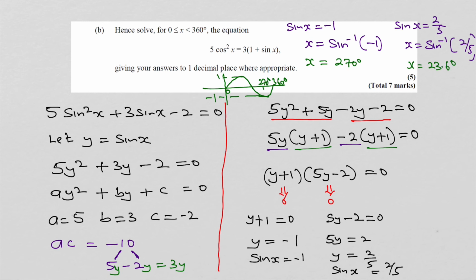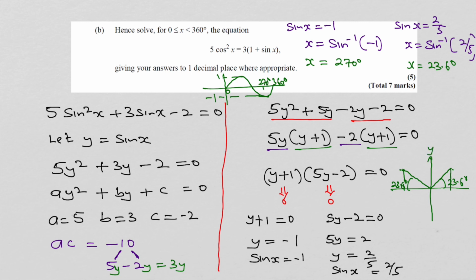To find the rest of the values, between 0 and 360 degrees we only know 270 for when sine x is minus 1. But for 23.6 degrees, let's use a CAST diagram. That's 23.6 degrees there, and there will be another 23.6 degrees on this side. Both sides will be 23.6 degrees, because it's the height of the y value that matters for sine, and they both have the same height when I use a unit circle diagram.